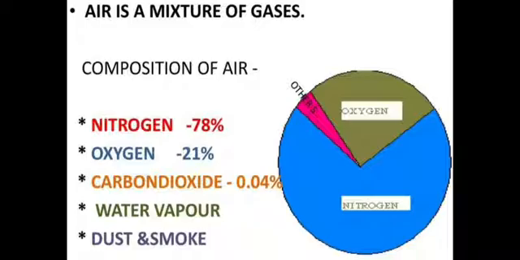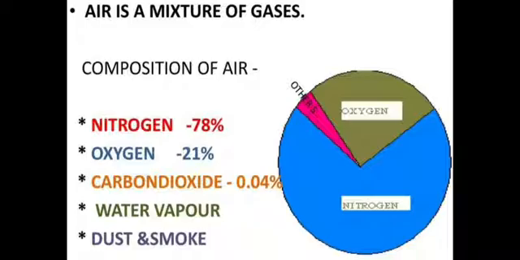So oxygen is present at 21% in the atmosphere. Next, carbon dioxide is only 0.04%. Water vapor, dust, smoke: carbon dioxide, water vapor, dust and smoke all together will account for 1% in the composition of air.